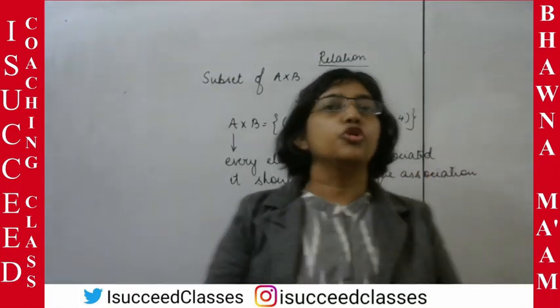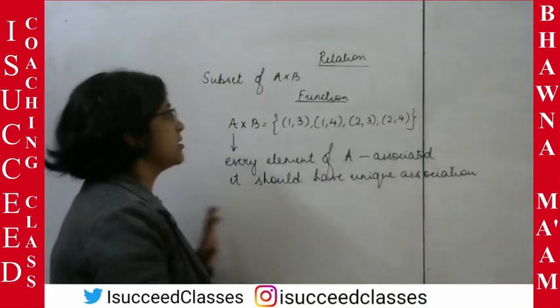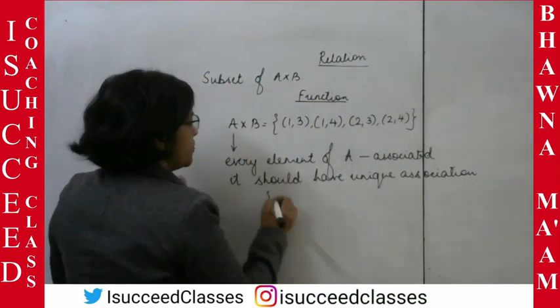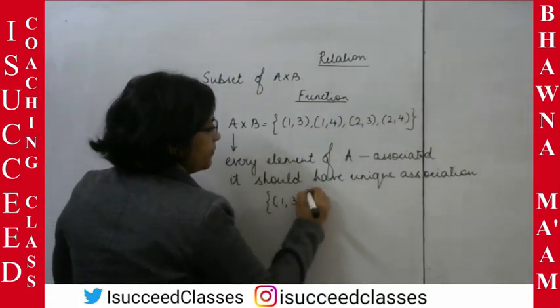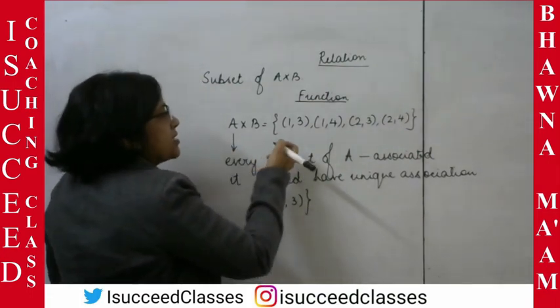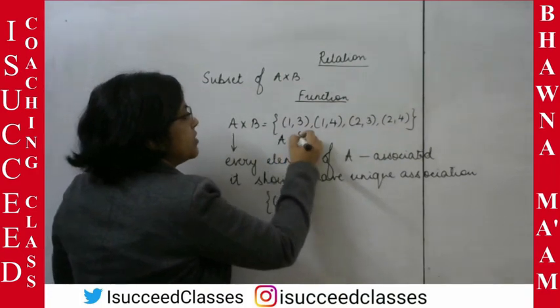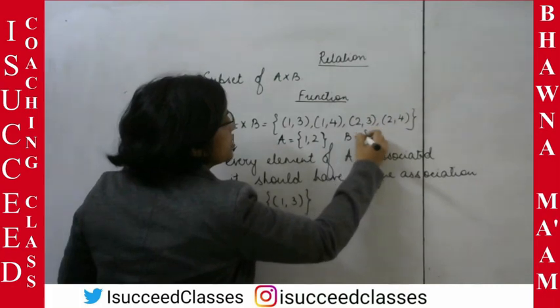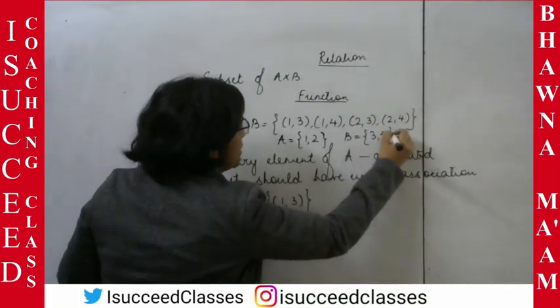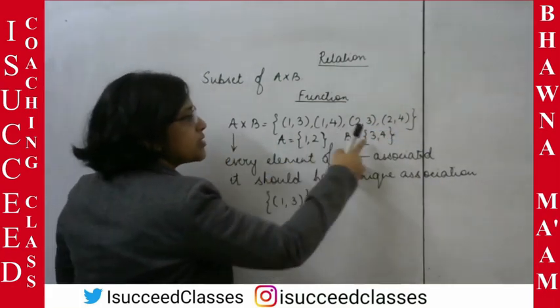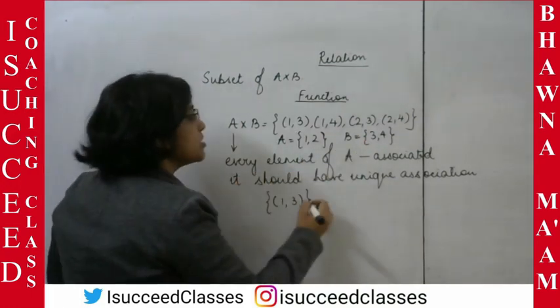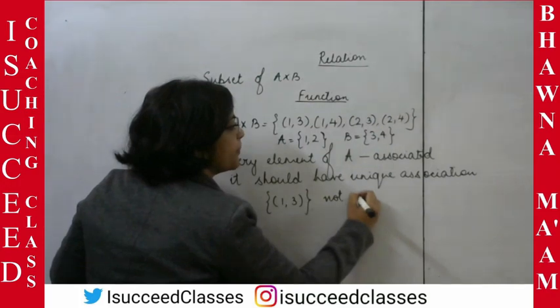So now, what do we mean by these two things? Let's say we have taken a subset of A cross B as {(1, 3)}. We know that A is {1, 2} and B was taken as {3, 4}. So you see that 1 is associated to 3, but 2 did not get any association. So this is not a function.